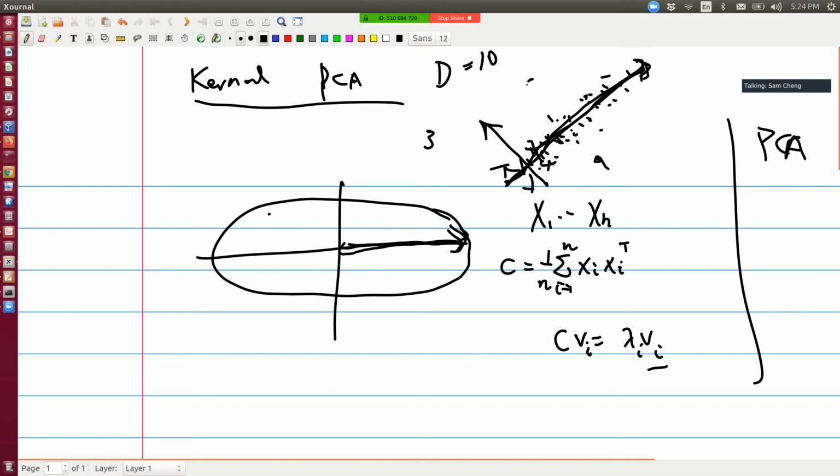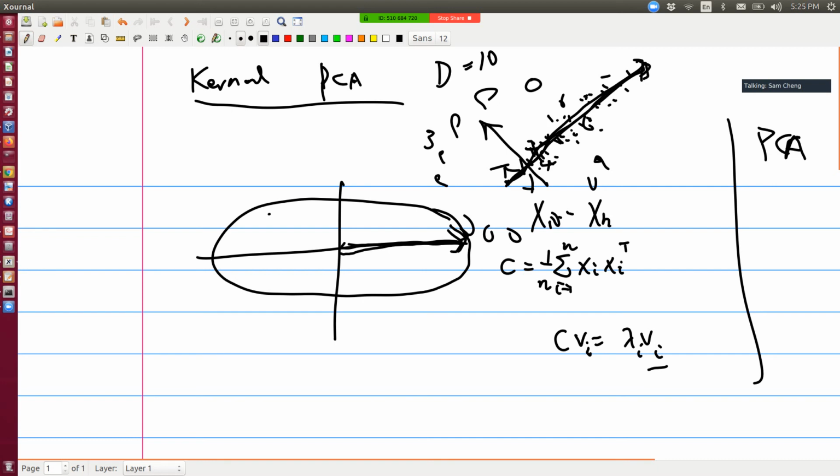For example, I have data points like this. Then PCA is not very useful. This is similar to kernel SVM, but you don't have the label. You don't have the label, but you still want to somehow make it separable.